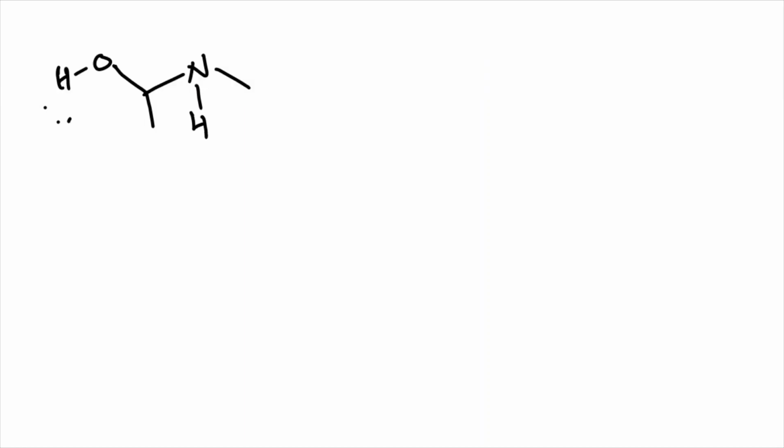So now the question is the conjugate base. The first conjugate base is where you lose this hydrogen here. So you're going to have the oxygen lose the hydrogen, so it will be negatively charged. And then the nitrogen will still have its hydrogen.